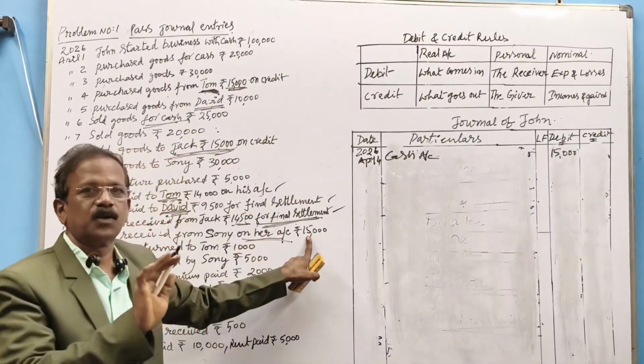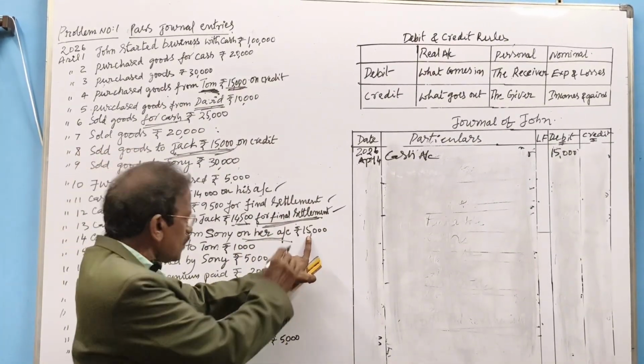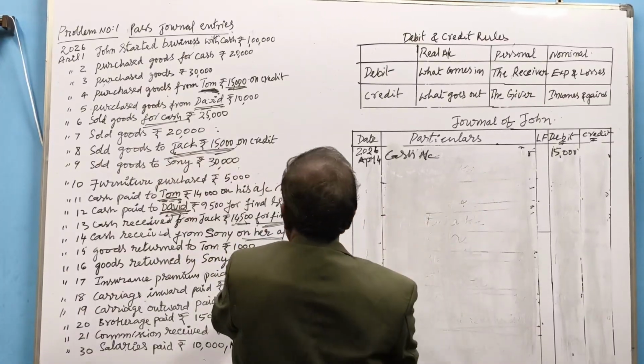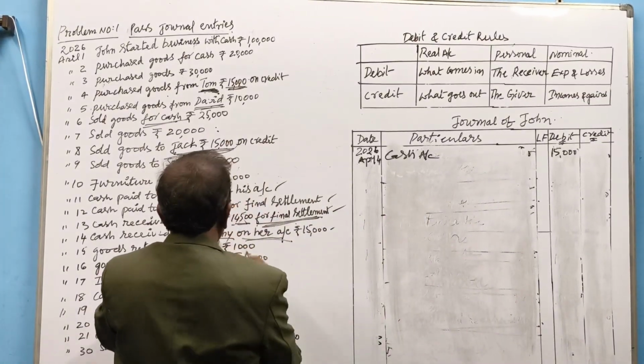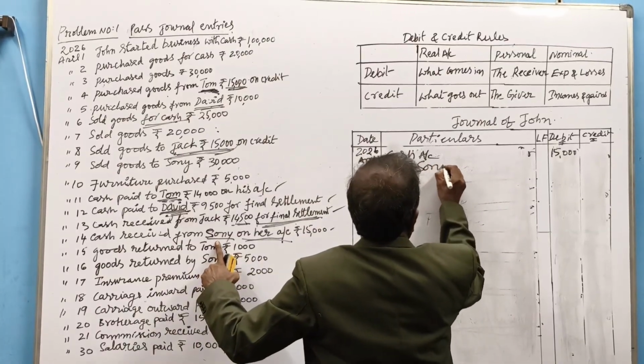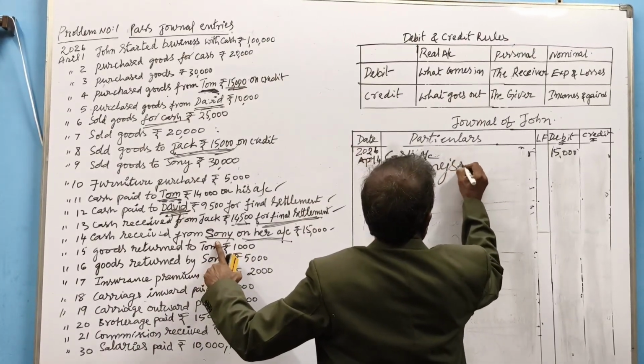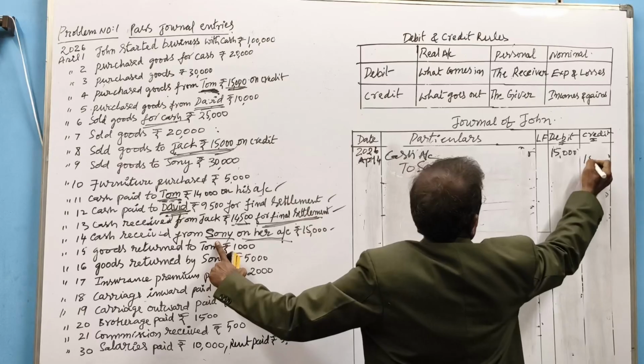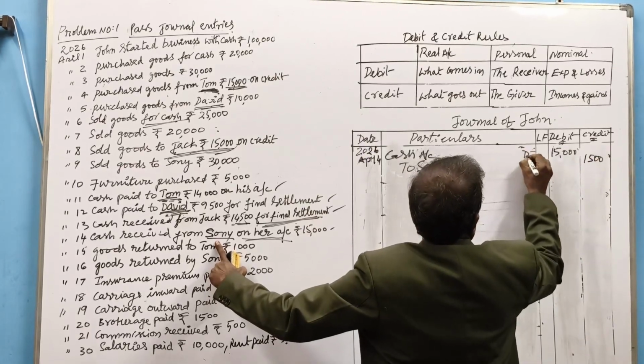On account means no discount. So 15,000 we are receiving from whom? From Sony. Sony is the giver. So Sony's account 15,000. Here debit.